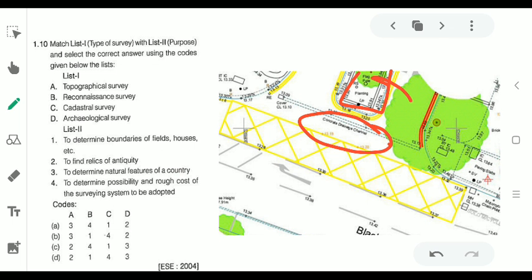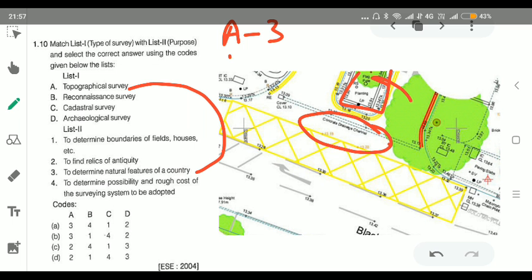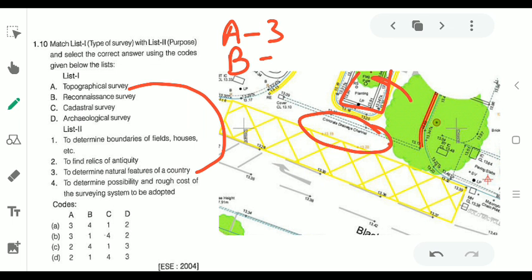So our option A would match topographical survey to natural features of the country, that is 3. Then B would match to reconnaissance survey, that is to determine the possibility and rough cost of the surveying system to be adopted, that is 4.